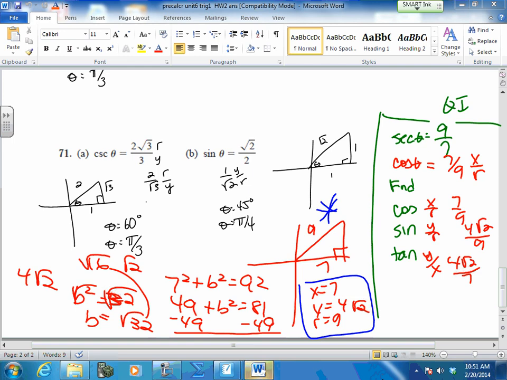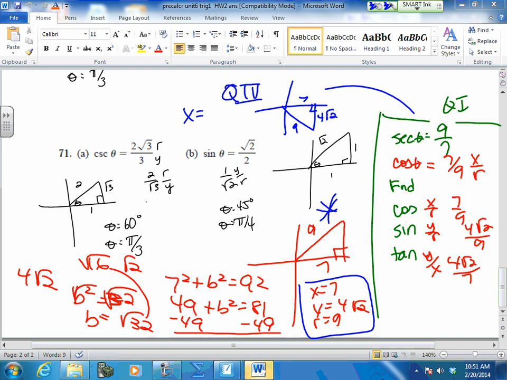If I took this one and I said, let's put this in quadrant 4. So I label my sides 9 and 7. I find my missing piece the same way, right? Everything's the same so far. What's different? The y is negative.